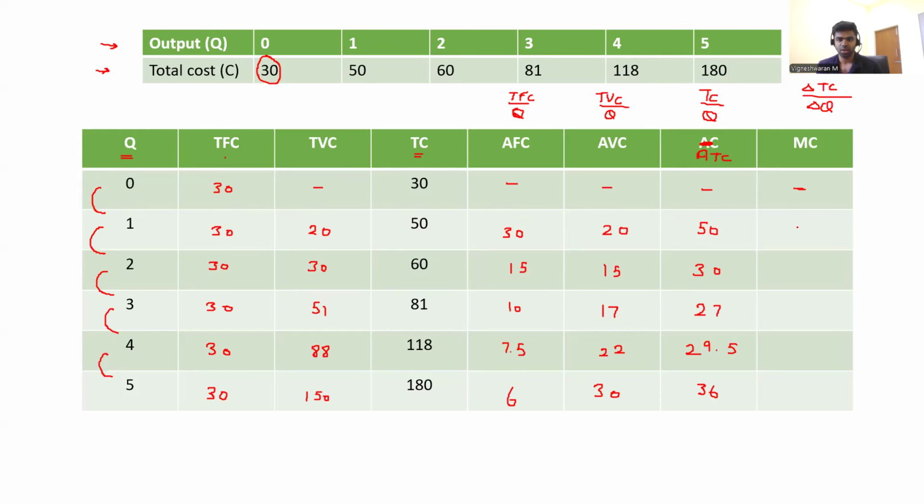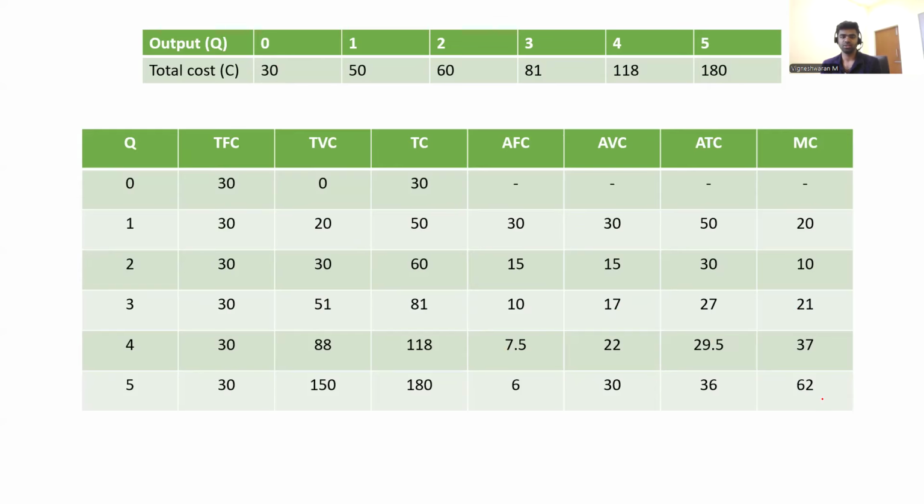So here it will be 50 minus 30, 20. 60 minus 50, it is 10. 81 minus 60, 21. 118 minus 81, it will be 37, right? Then 180 minus 118, 62. Okay. So these are the values.